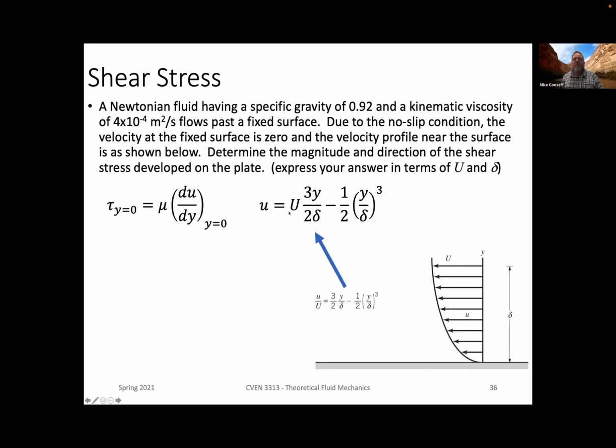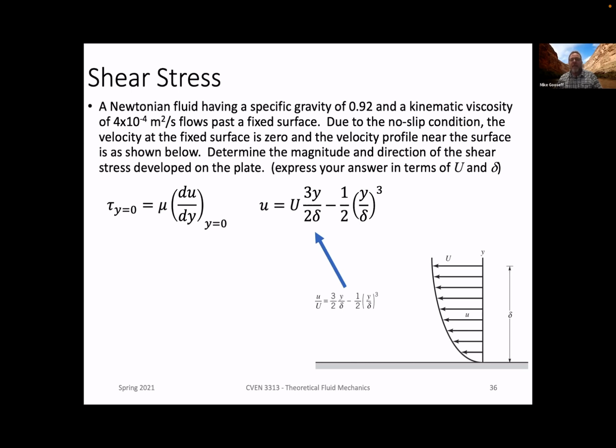So all I do is, well, shoot, did I do that? I did that wrong. I didn't distribute that all the way through. My apologies. I just typed it on the right-hand side. So there should be another U in front of this side as well, or a parenthesis over this entire thing, right? I meant to multiply both sides by big U, and I goofed that up, so sorry about that. All right.